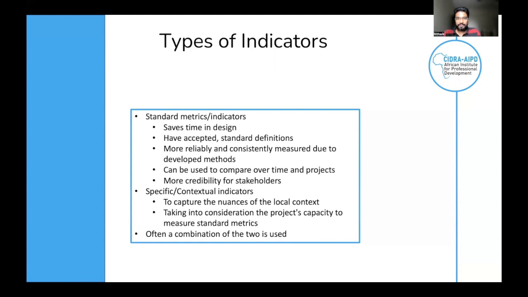You can also have specific or contextual indicators. So for instance, let's say you're running a website, right? A standard metric might be how many users logged into the site. While a custom metric that you design might take into account your business model, and then you might decide that you are not really interested in the number of logins, but how much time a particular person spends on your website before doing his first transaction, something like that.